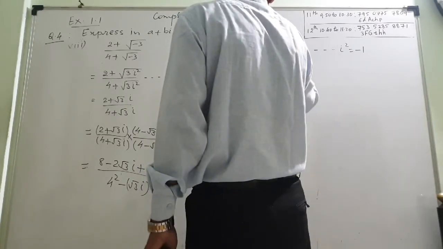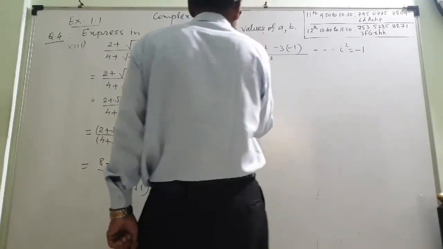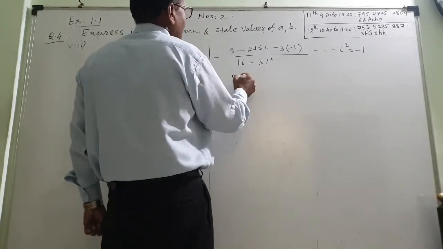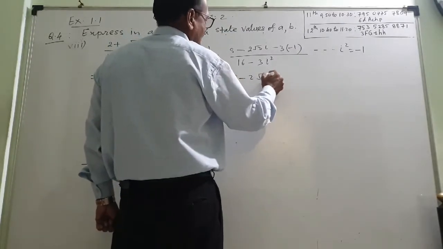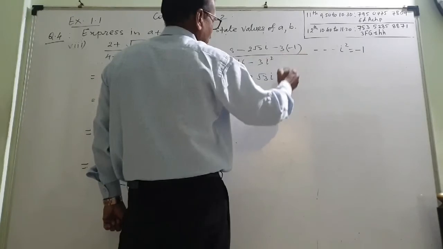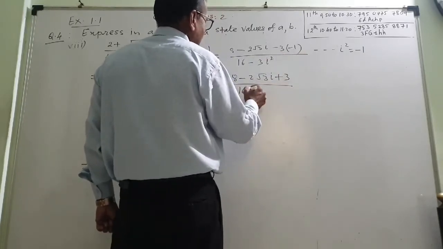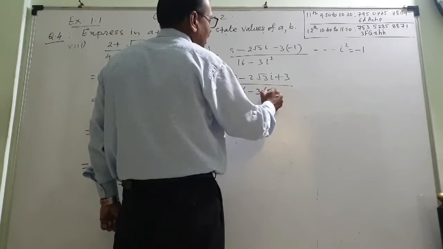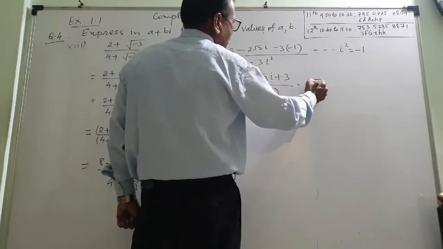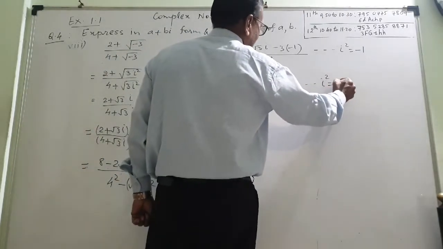That is equal to 8 minus 2 root 3 i, minus into minus plus 3 upon 16 minus 3 into this is minus 1, i square equal to minus 1.